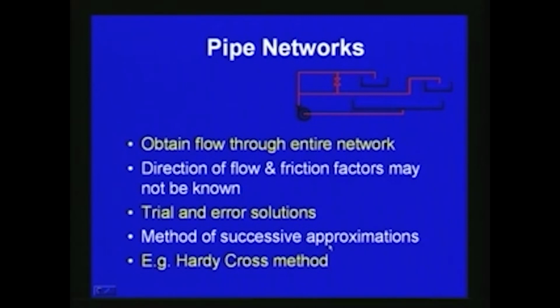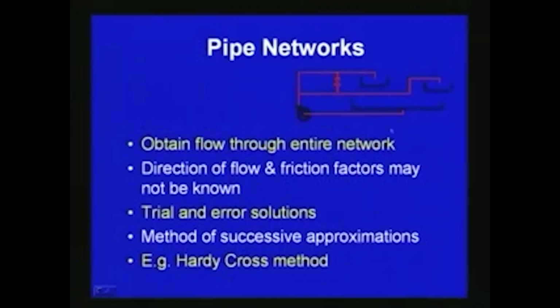As we assumed, the minor losses are included with the major losses, and then we obtain the flow through the entire network. Depending upon the problem, there will be a number of loops and a number of junctions. So, we obtain the flow through the entire network, and then the direction of flow and friction factors.